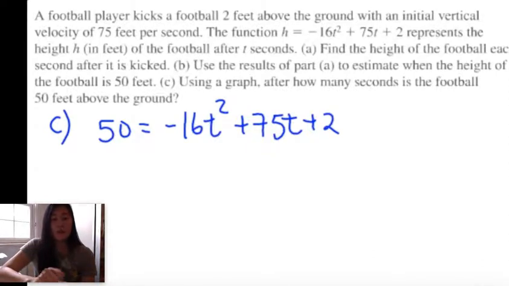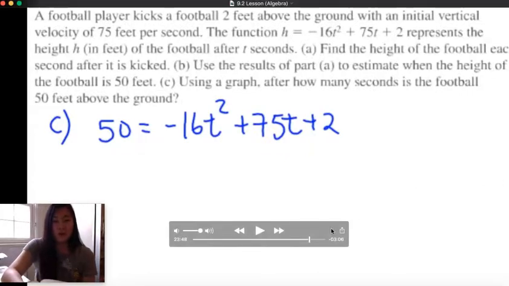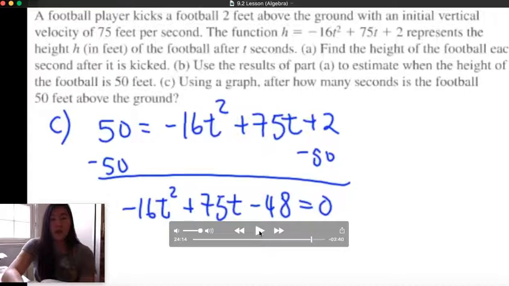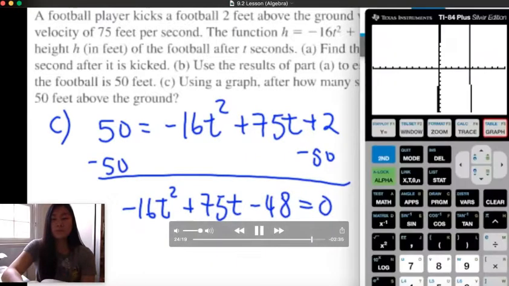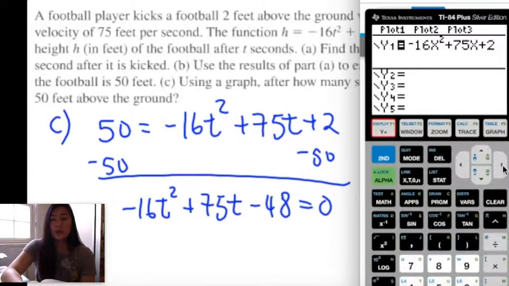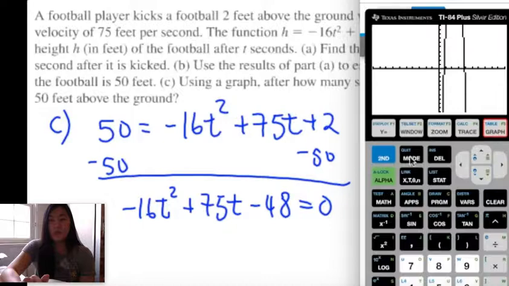The very first thing I need to do is move over the 50 to make it equal to 0. Subtract 50 on both sides, and you get negative 16t squared plus 75t minus 48 is equal to 0. Then I'm going to put that equation into my calculator: negative 16x squared, or t squared, same thing, plus 75x minus 48.